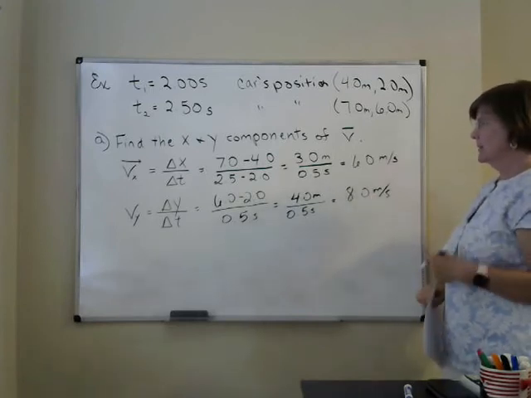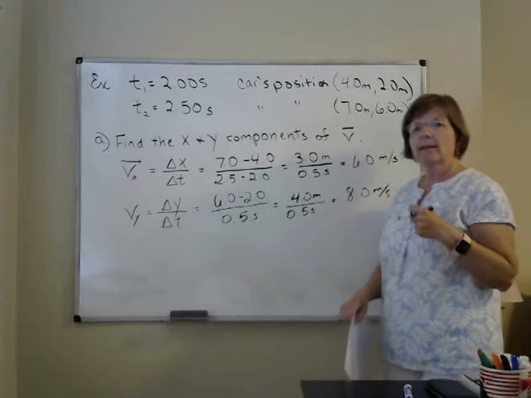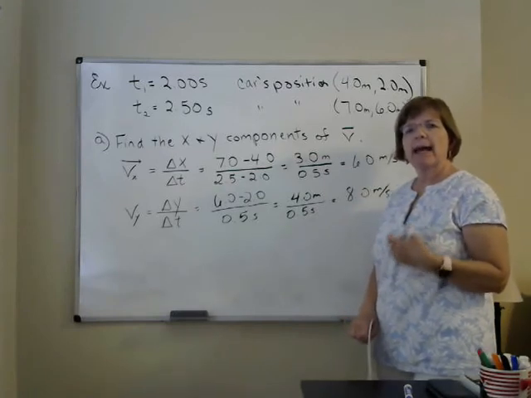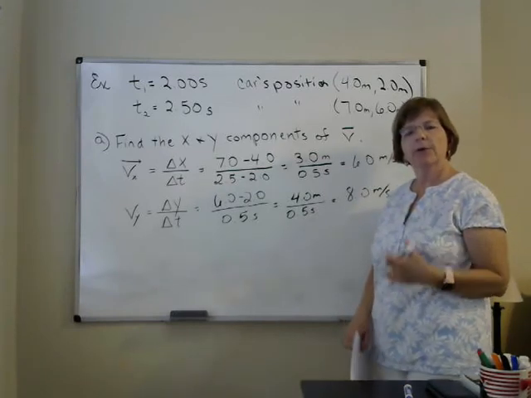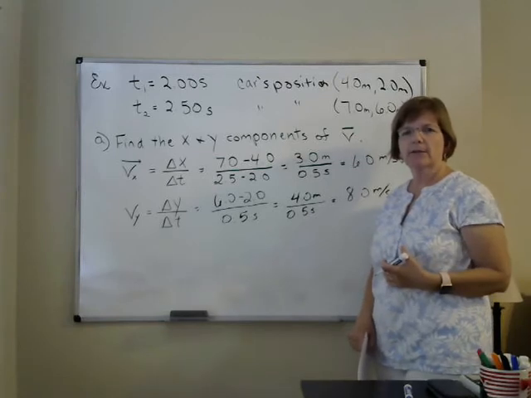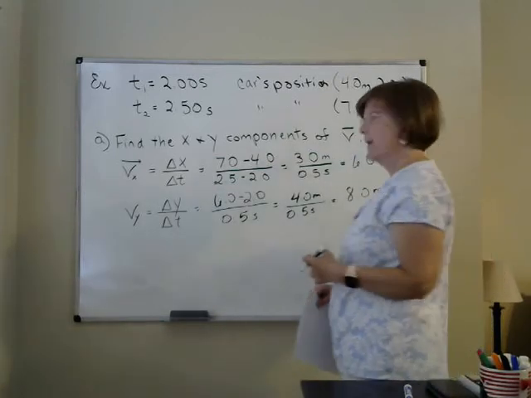The second part of this question says, find the magnitude and direction of the average velocity. In other words, can you put these x and y components together? Well, I hope so, because that's what we learned to do back in chapter 1.